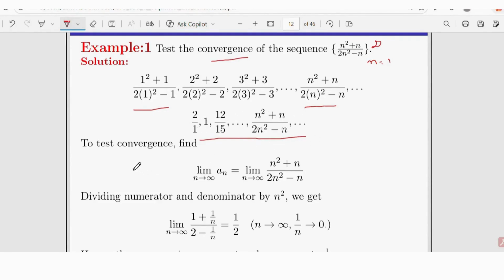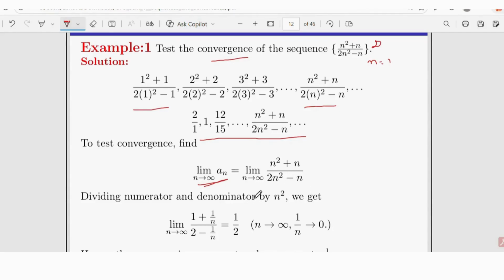So to test convergence, as per the definition, we have to find the limit as n tends to infinity of an. This we discussed in the previous lecture. What is an? An is nothing but the nth term of the sequence. So from the sequence, we have to take the nth term. So the nth term is (n square plus n) upon (2n square minus n). On this, apply limit n tends to infinity.